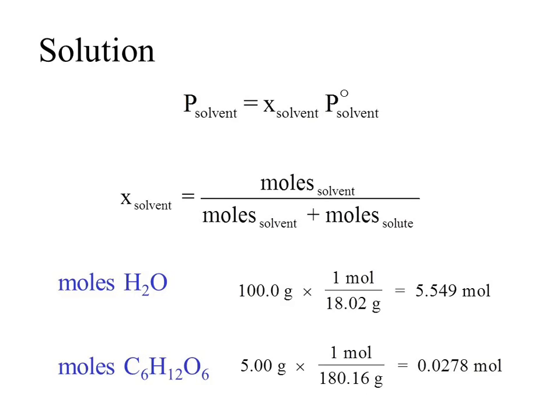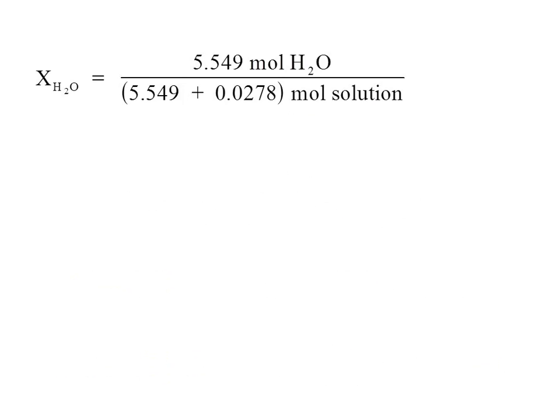And then it's kind of all downhill from there. But you heard me mess up a minute ago, so don't you mess up. It's the mole fraction of solvent, which is water. So then the X here looks like this. It's that 5.549 moles divided by quantity 5.549 plus 0.0278.